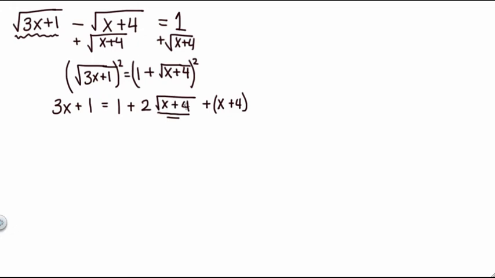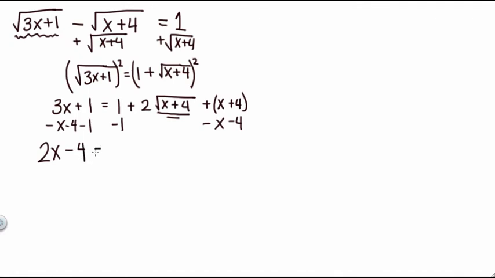We're going to isolate this radical, and then we can take the square of both sides. So let's subtract 1 from both sides. I'm going to do a few operations at the same time: subtract x from both sides, and also subtract 4 from both sides. So my result is 2x, then 1 minus 1 is 0, and then subtract 4.